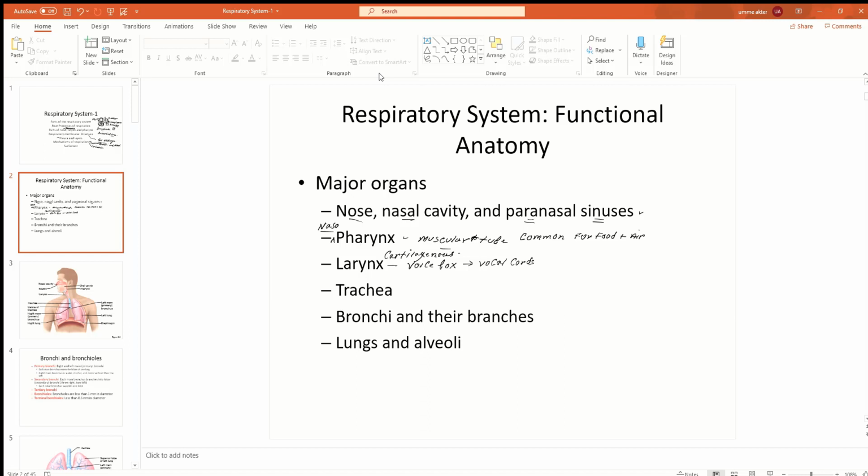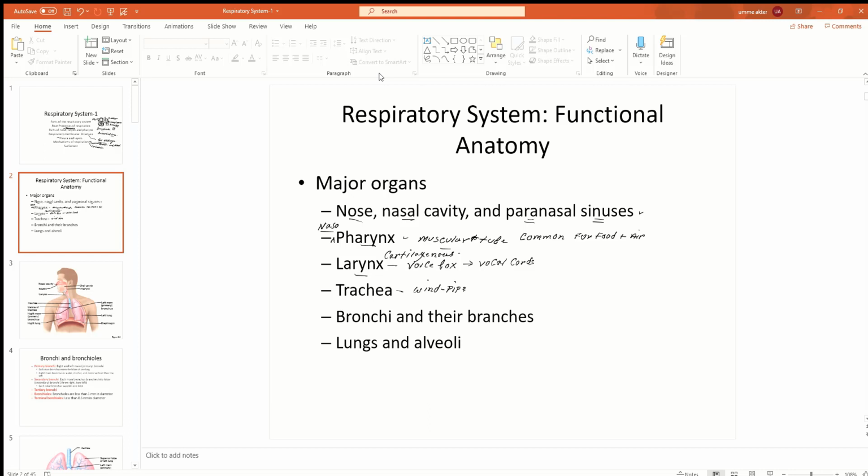So the pharynx is muscular, the larynx is mostly a structure made of cartilages. So we'll talk about those cartilages too. Then next to the larynx is the trachea, which is also called windpipe.